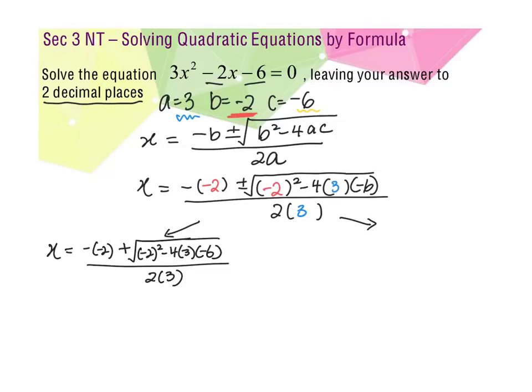The first solution is plus, and the second solution is x equals negative b minus square root of b squared minus 4ac over 2a.